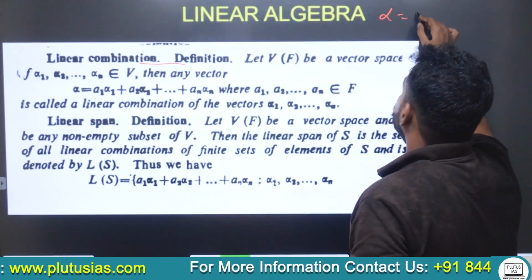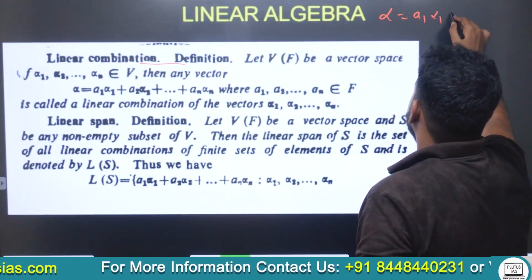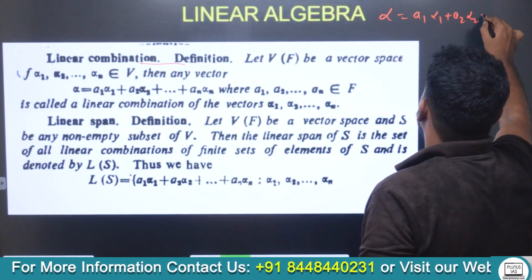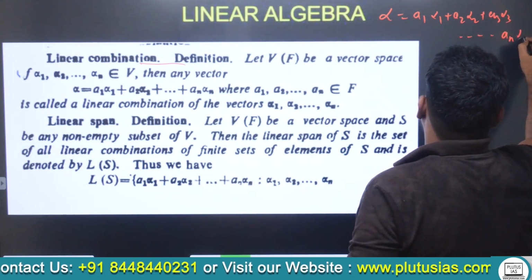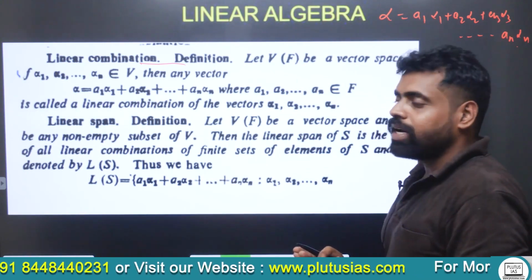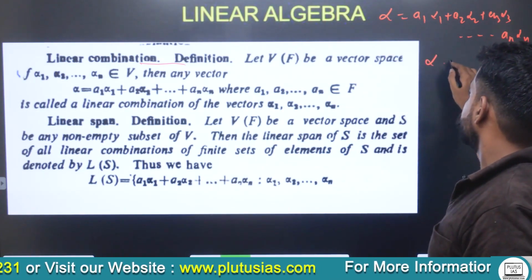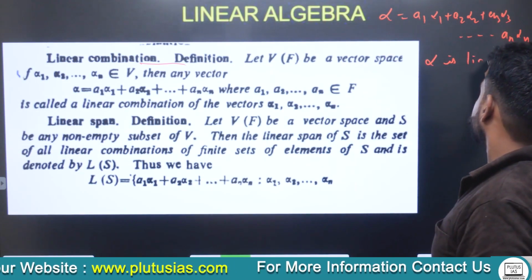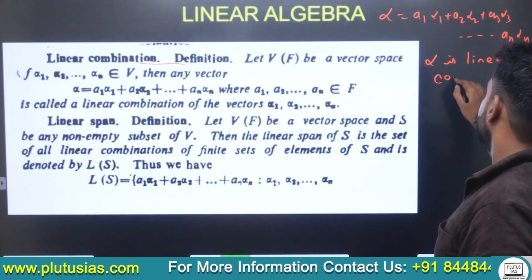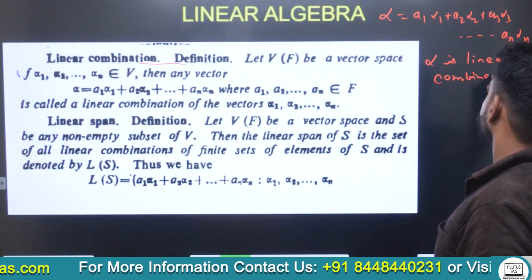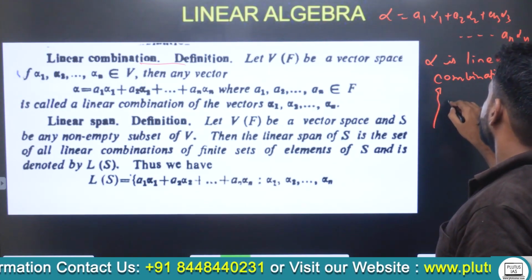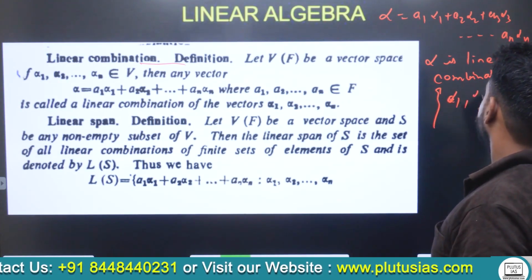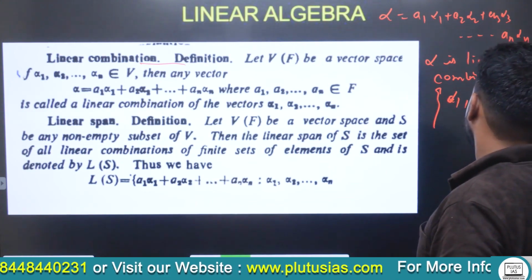if alpha is written as a1 alpha 1 plus a2 alpha 2 plus a3 alpha 3 ... plus an alpha n, then we can say that alpha is a linear combination of the set alpha 1, alpha 2, ... alpha n.